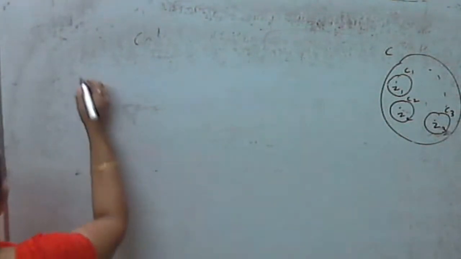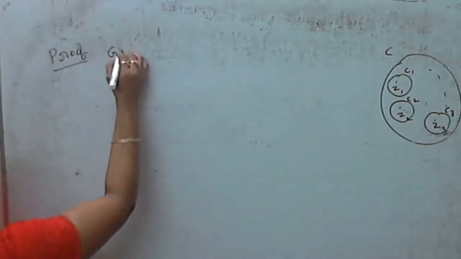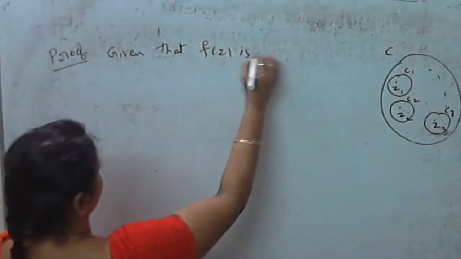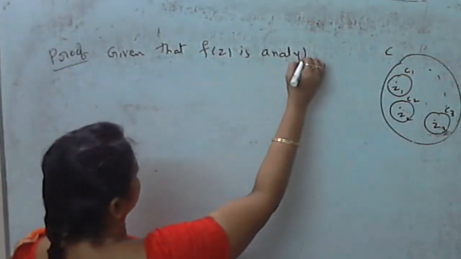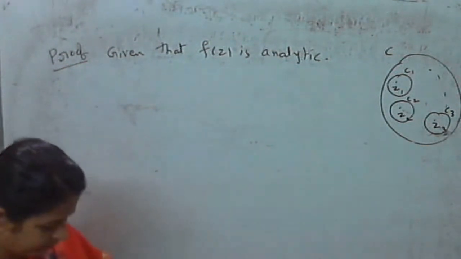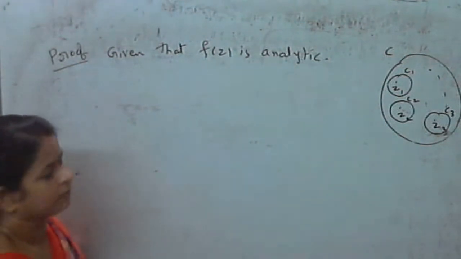Now, given that f(z) is analytic. Already we have learned Cauchy's integral theorem for multi-connected region.